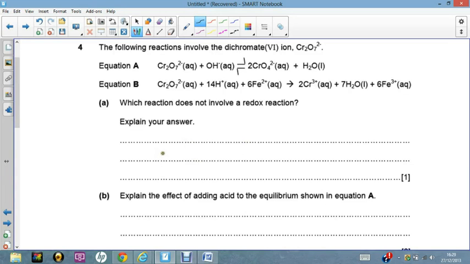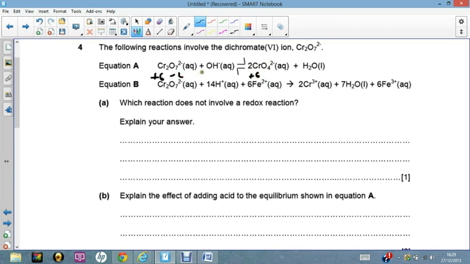Christmas mock question 4. Question 4 is part of the electrode potentials topic. We've got 2 equations. First bit's relatively straightforward. Which one does not involve a redox reaction? So for that you're going to have to work out oxidation states. So you've got +6 for the chromium here. This one is +6.